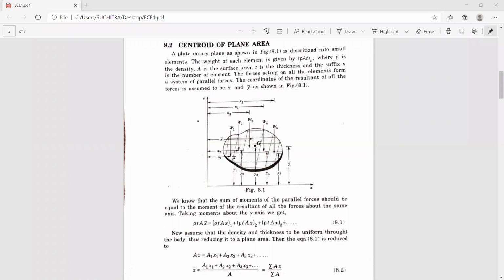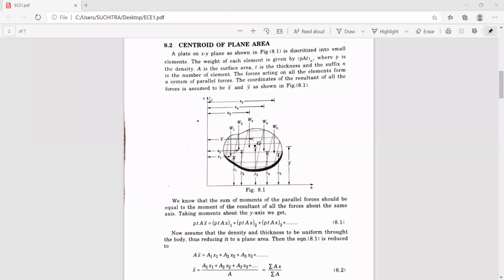So the weight of each element is given by rho into volume, that is density into volume. Again, volume is a product of area into thickness, and this suffix N is the number of such small elements. Now, the forces acting on all the elements form a system of parallel forces.